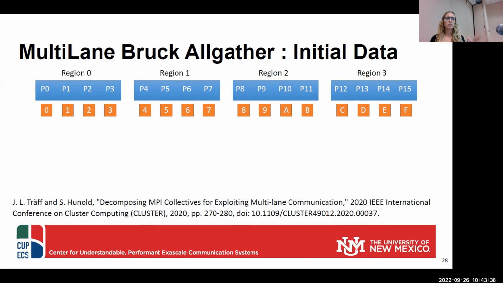So there's been recent research on multi-lane collectives, and these are really optimal for larger collectives, but I want to mention them. So same idea, we start with this initial data, but now instead of doing an allgather or gather on node, we're actually going to start with the communication between regions.